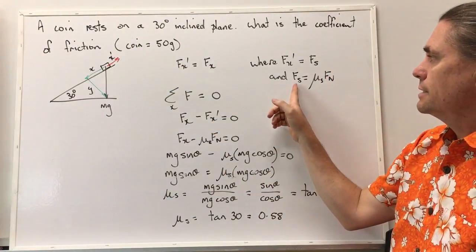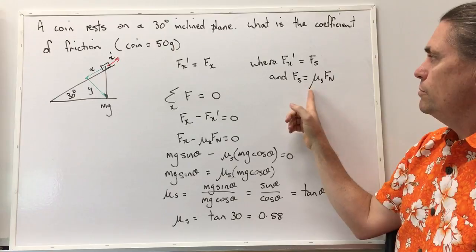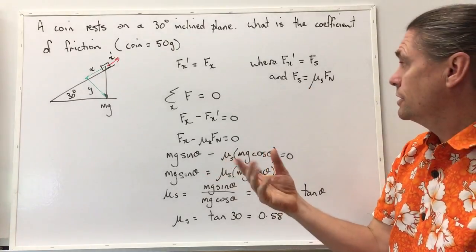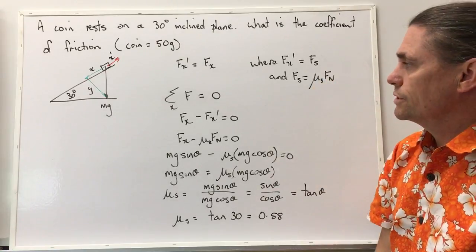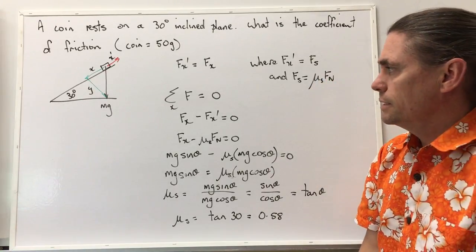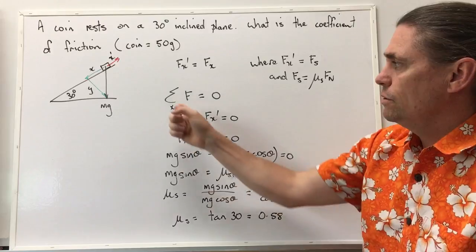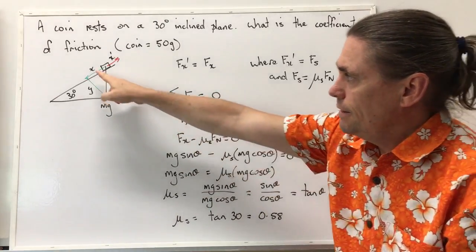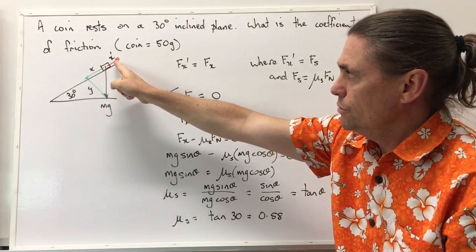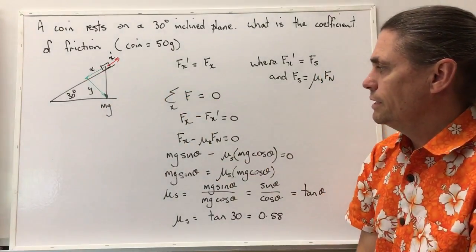We also know that this static friction force is equal to mu, or our coefficient of friction, or our static coefficient of friction, times our normal force. So if we start looking at this, we know that we have no net movement down the slope. So this object moving down is going to be equal to our static friction that's holding it in place.